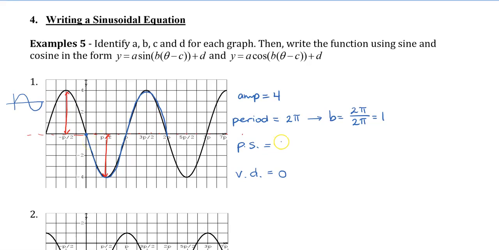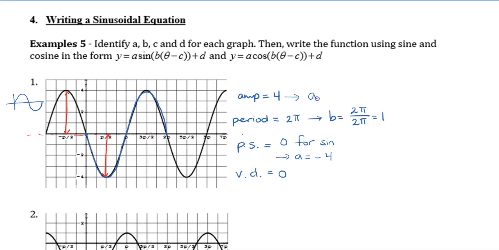So I'm going to say that the phase shift is 0 for sine. However, this will now say that the a value is going to be -4. So originally, now I didn't write this down, the amplitude gives me an a value of 4, but when I want to use a sine function, it's going to be -4.